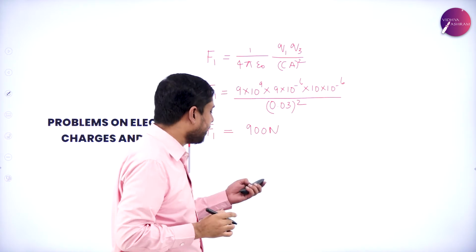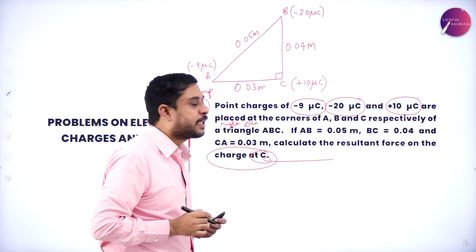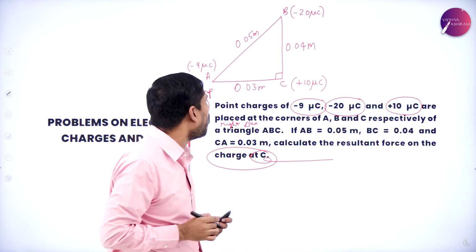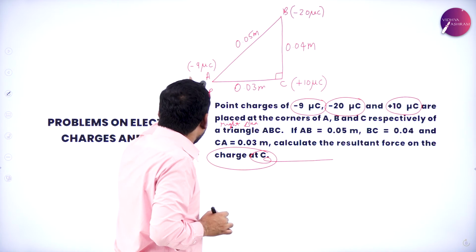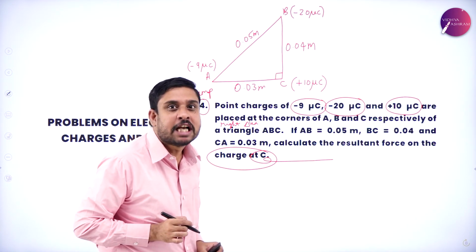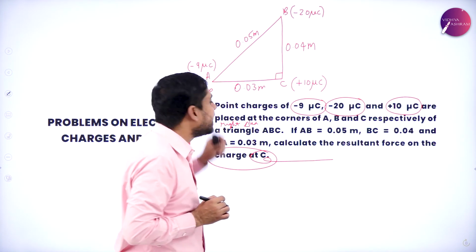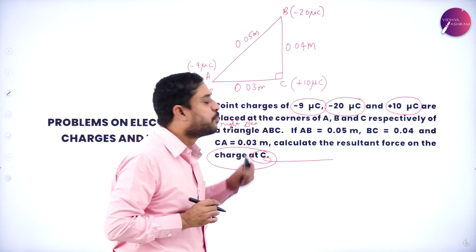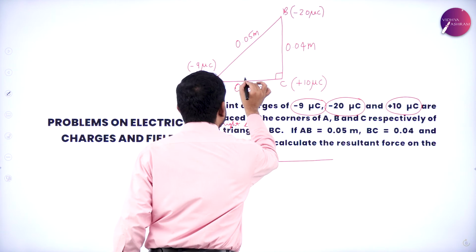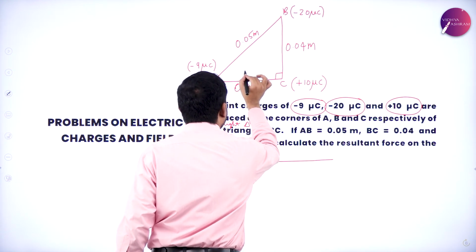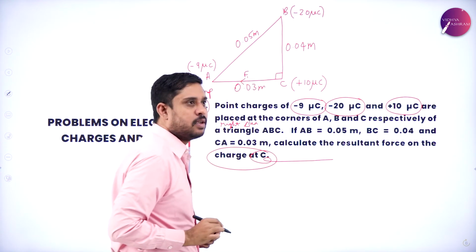What is the direction? Properties of electric lines of force: they always start from the positive charge and end on the negative charge. At A there is a negative charge, at C positive charge. So this is the direction of F1.